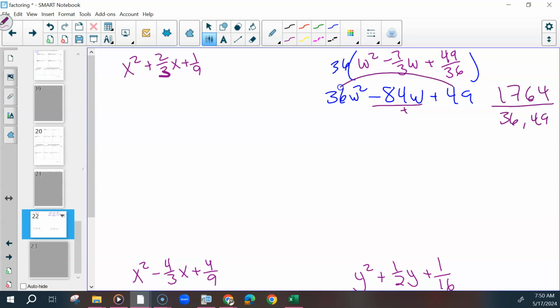No. 38. No. 39. No. Not 40. Not 41. But 42 works. And if I make them both negative, that would give me 84.